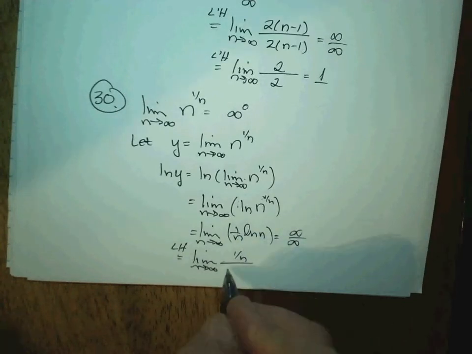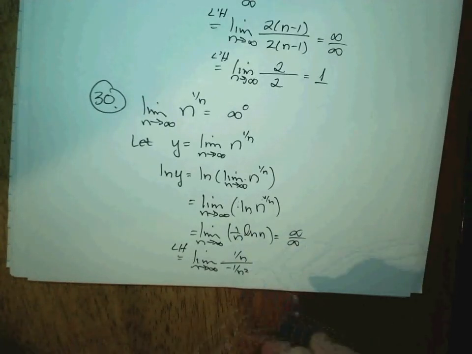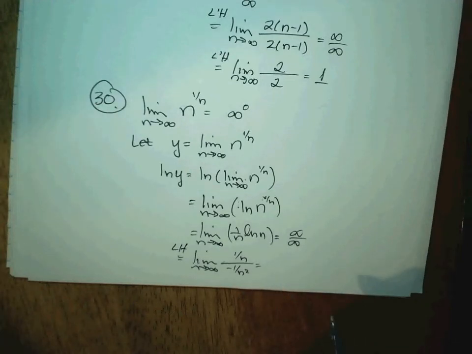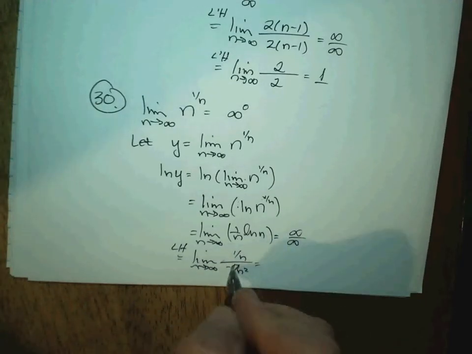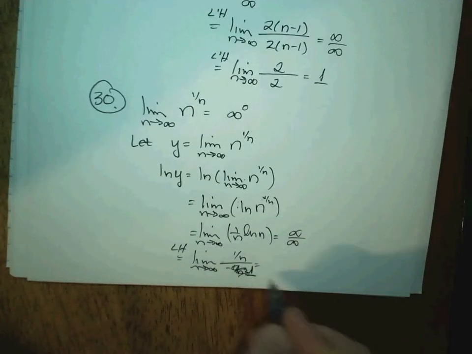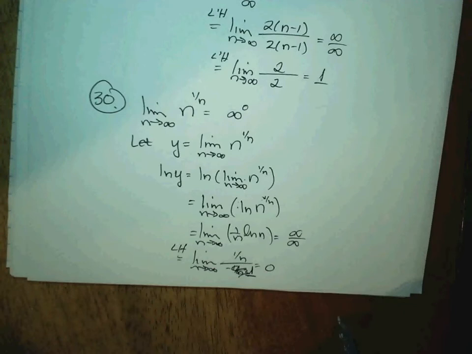Okay, the derivative of the natural log of n in the top is 1 over n. The derivative of 1 over n in the bottom is negative 1 over n squared. Derivative of n in the bottom is 1, and so you get 1 over n over 1, which goes to 0.